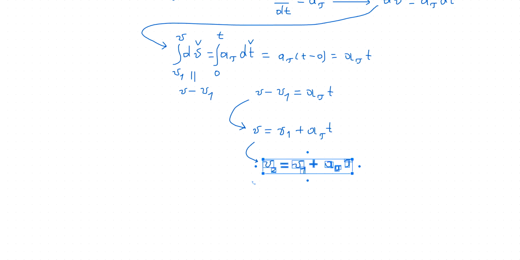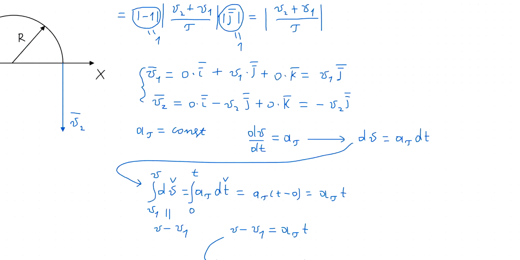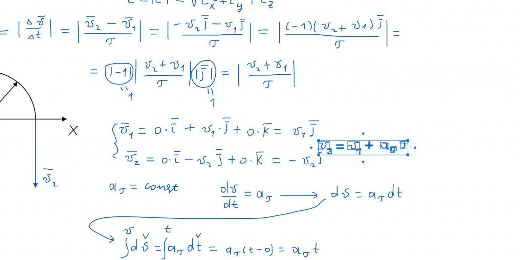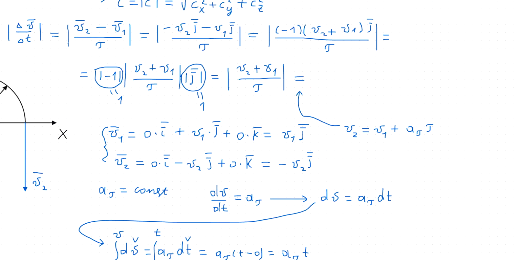So we can write here that it will be the absolute value of double v1 plus a tau, divided by tau.